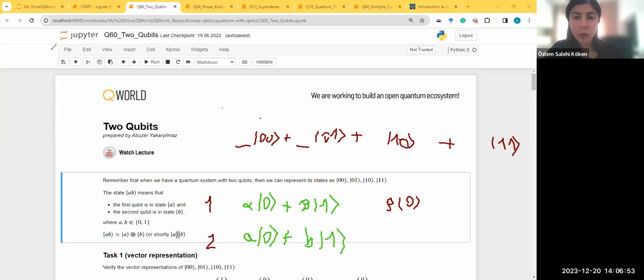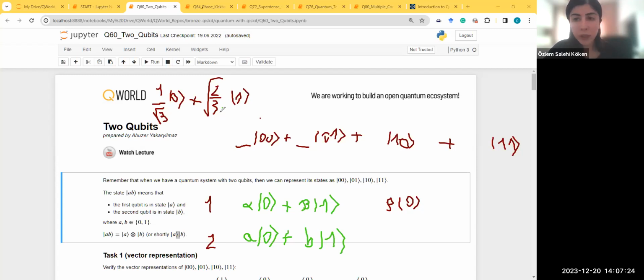Let's make it more concrete. Let's say this is my quantum state: 1 over square root 3 times 0, plus square root 2 over 3 times 1.